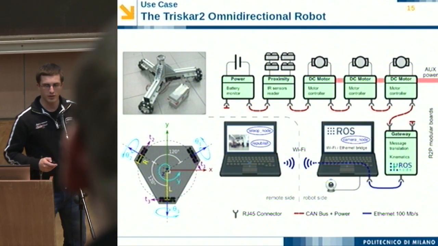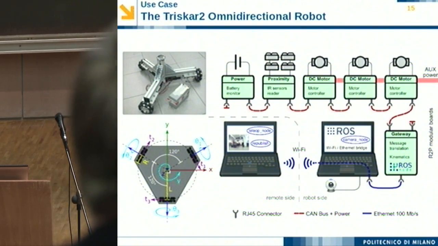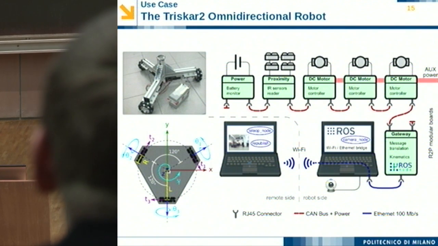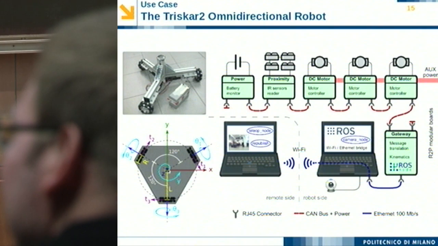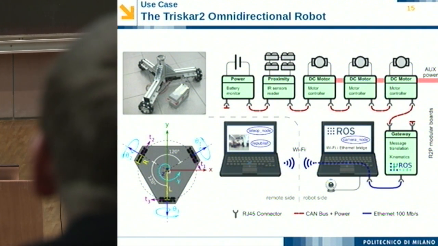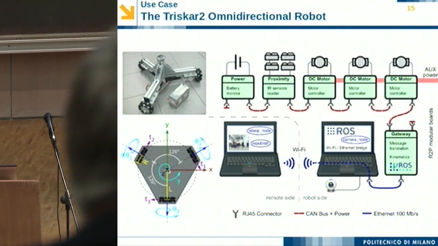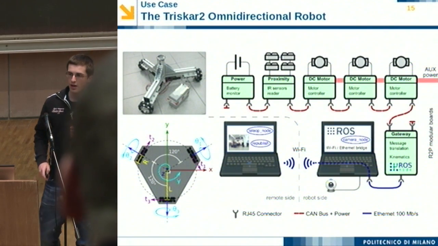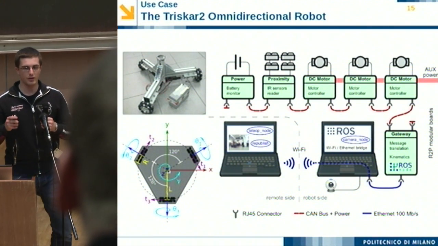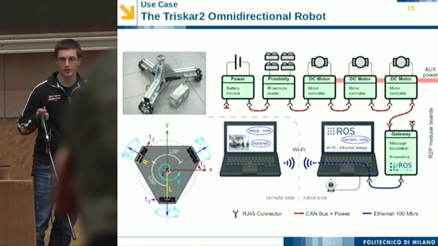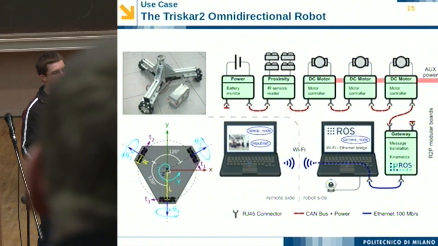Okay, as a use case, we consider the omnidirectional robot, Tracker2, we developed in our lab. It is made out of R2P modules, hardware modules, which work in real time over a CAN bus. And as you can see, the gateway module we used for the benchmarks is used to interface to the ROS network.